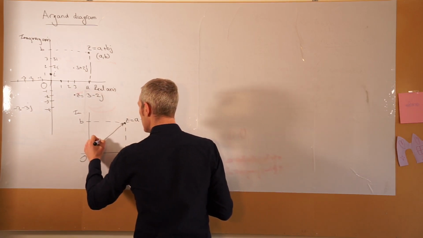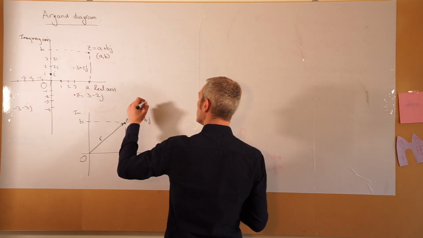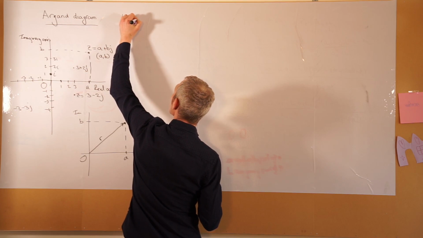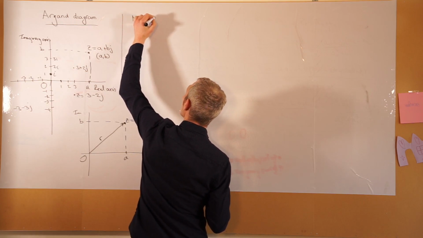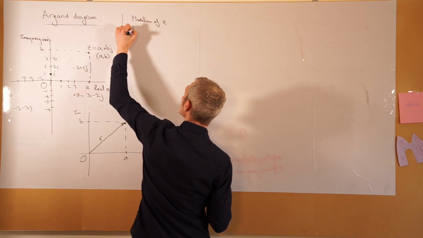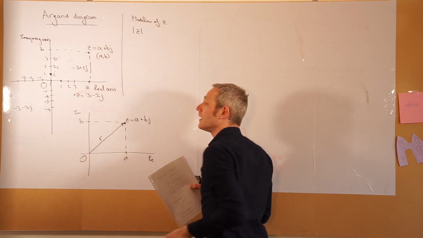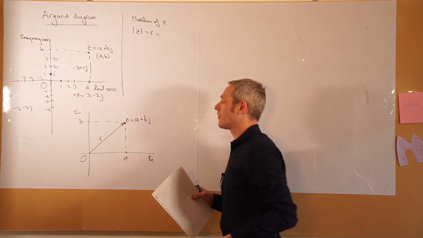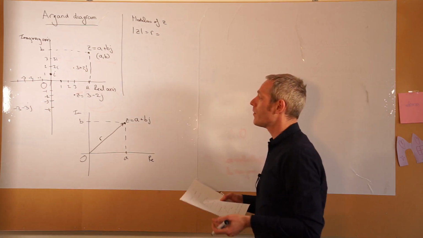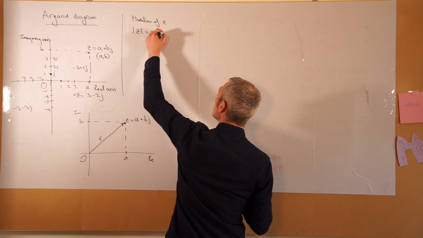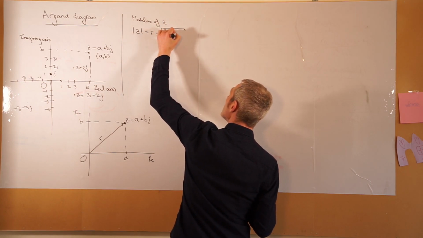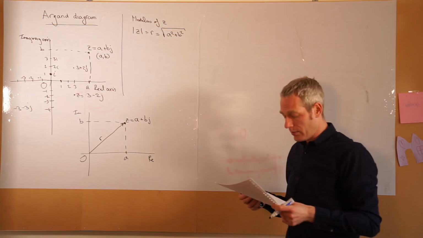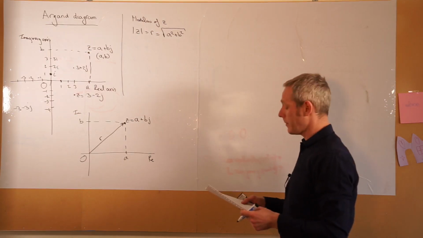It has a length, or otherwise called modulus. So we can determine the modulus of a complex number Z. We typically denote that by Z with 2 vertical stripes, and we call that thing R, and that is basically the length of this vector. The length of a vector with coordinates A, B, we know by Pythagoras' theorem, is the square root of A squared plus B squared. So now we know what the modulus is of a complex number.